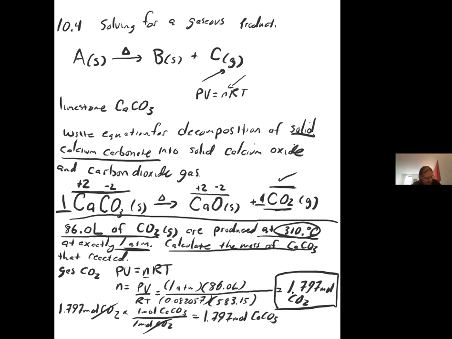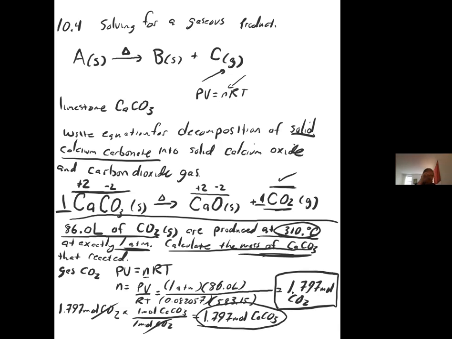And there you go. You got the moles of CaCO3. Now that's not the question. The question is they're asking for the number of grams, the mass, right? Calculate the mass of CaCO3. But that's fine because we can do that from the molar mass of CaCO3, right? The trick here is to get the number of moles.